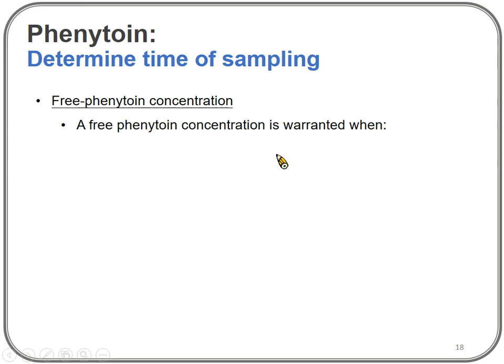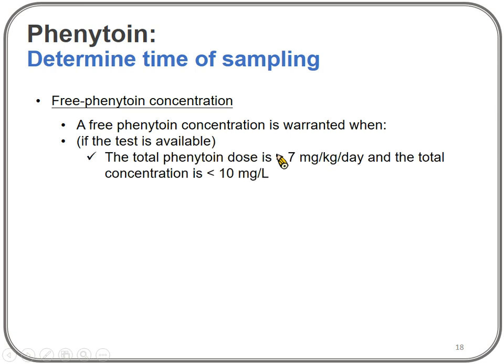So, for example, if we are dosing at the larger end of the maintenance range, but the total concentration comes back below the expected 10 to 20 therapeutic range, that is confusing, and you have to know exactly whether the total concentration is reliable or not.